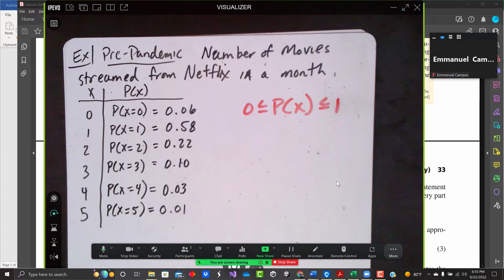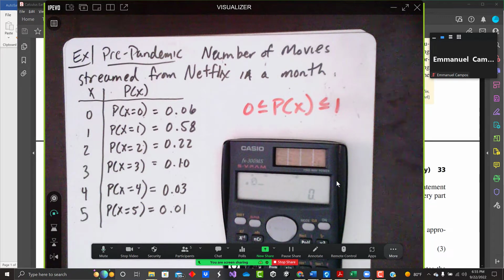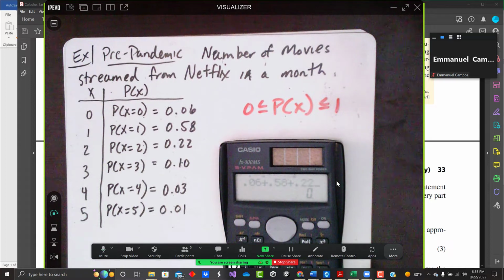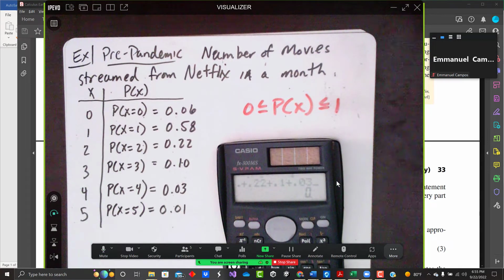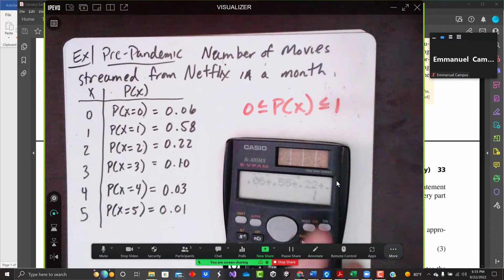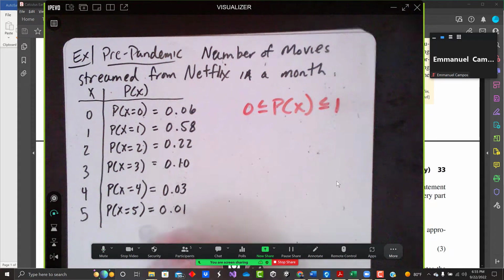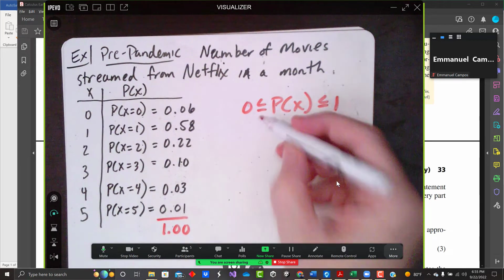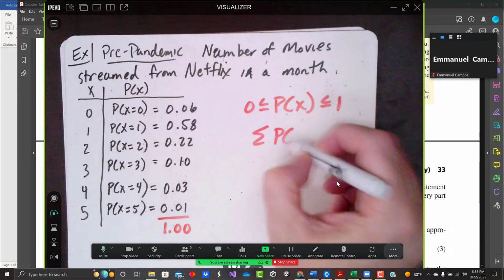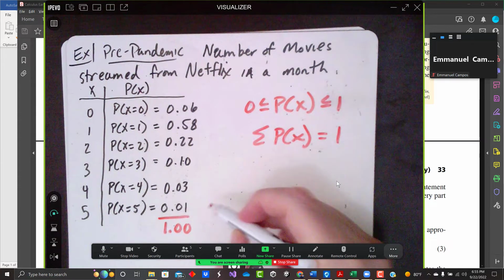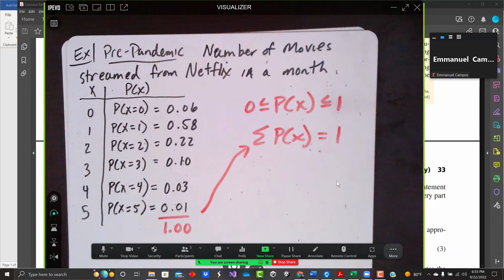And if we add them all up, we should get 1. 0.06 plus 0.58 plus 0.22 plus 0.1 plus 0.03 plus 0.01 equals 1. When we add them all up, the probability equals 1.00. That's what I mean by the sum of probabilities has to equal 1. Okay?